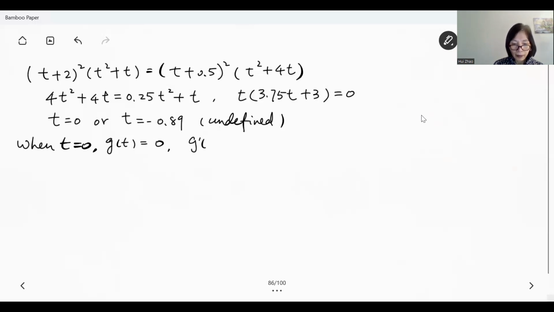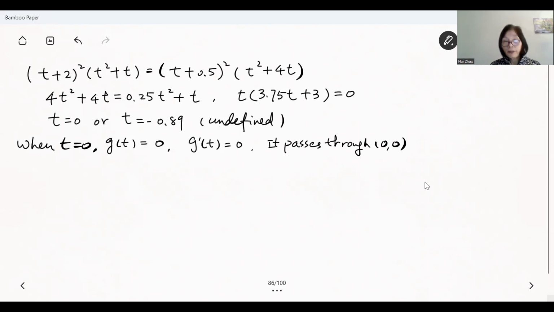And the derivative, you know, at t equals 0, the derivative equals 0, right? That means it passes through (0, 0).